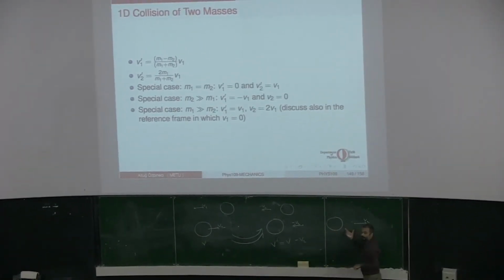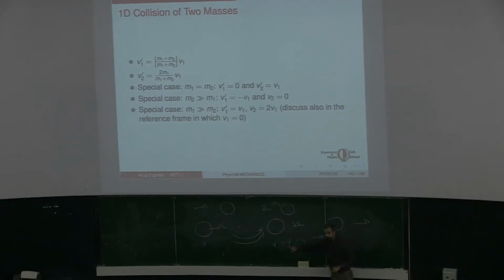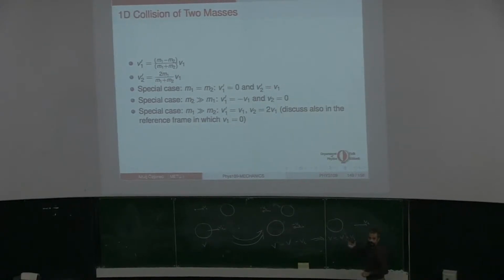Now, if I want to translate this picture to the original reference frame, the velocities in the original reference frame are equal to the velocities in the second reference frame plus v1, the relative velocity of the second reference frame with respect to the first.